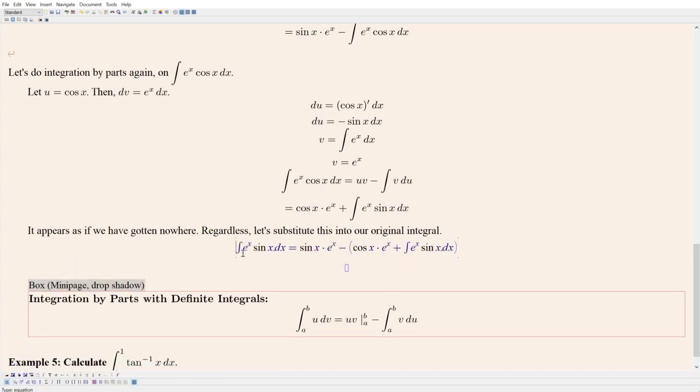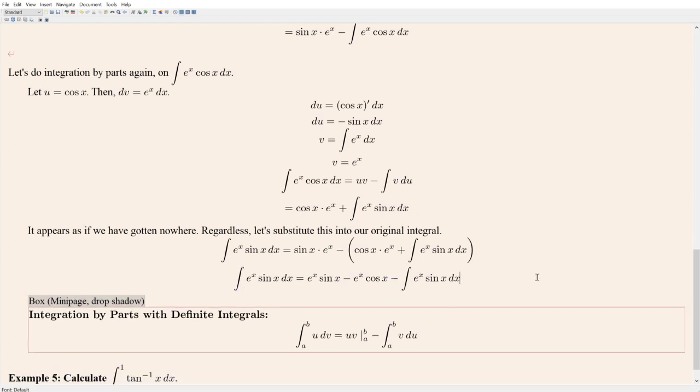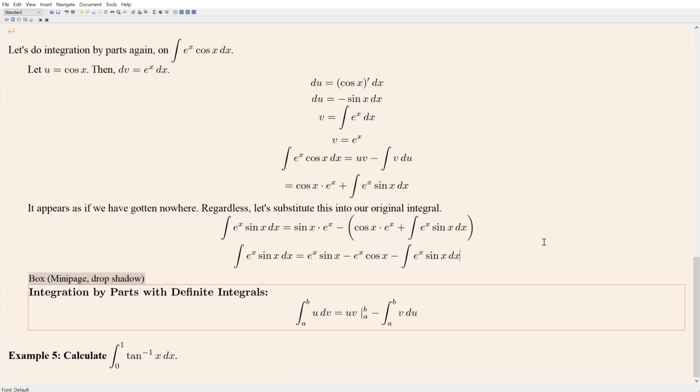And then let's clean this up a little bit. So I don't like having this e to the x out front. I much prefer it like that. Then if I distribute this minus through, so minus e to the x cosine x minus integral e to the x sine x. There we go. So it does appear as if we've gotten nowhere.